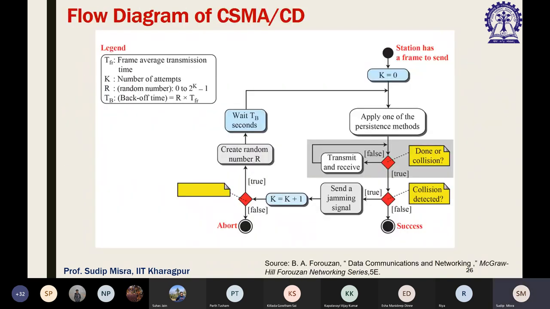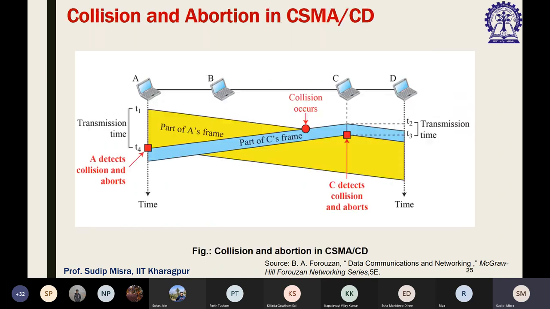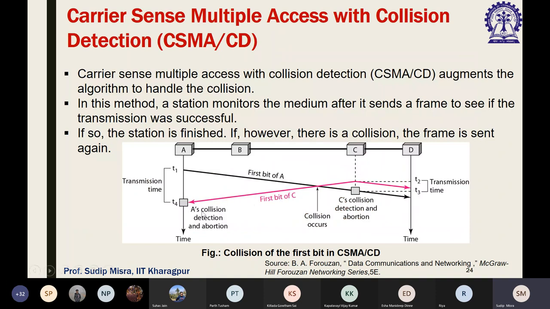So the question that I asked, I don't have the slide for it. I wish I could draw and explain to you. So let us just take this diagram only. The question that I asked is how does A know that the collision is going to be detected? The answer is that this is a shared medium between A, B, C, and D. The collision signal, like the other signals, is going to be propagated all through the channel.